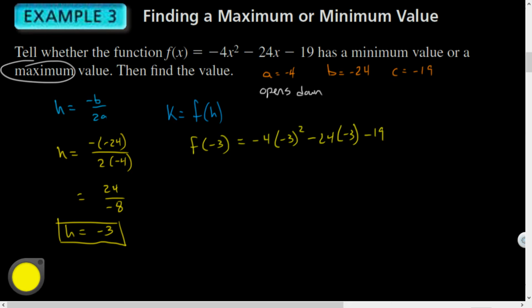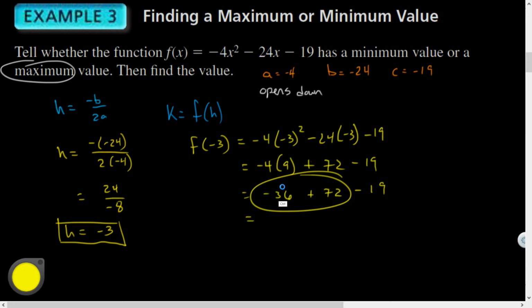So, let's simplify this. Negative 3 all squared is 9. Negative 24 times negative 3 is going to be positive. 25 times 3 is 75, so 3 less is 72. Minus 19. Negative 4 times 9 is negative 36. Plus 72 minus 19.